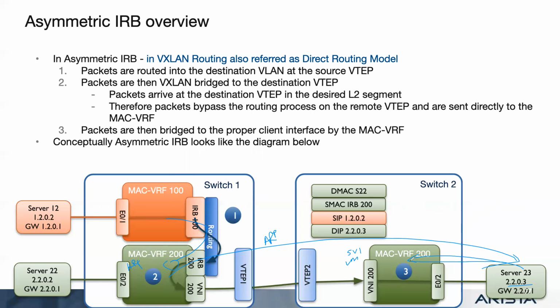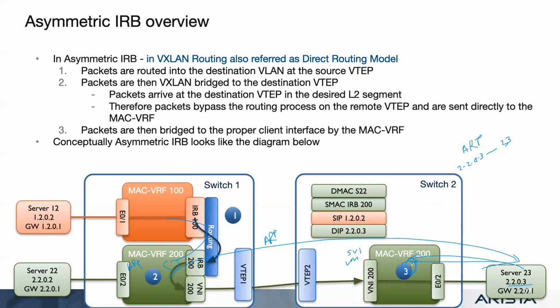So when this host replies back to that SVI IP and virtual MAC, this VTAP will consume that packet, because that IP and MAC is here also. It will learn the ARP and update the ARP table: to reach IP 2.2.0.3, the MAC is 23.